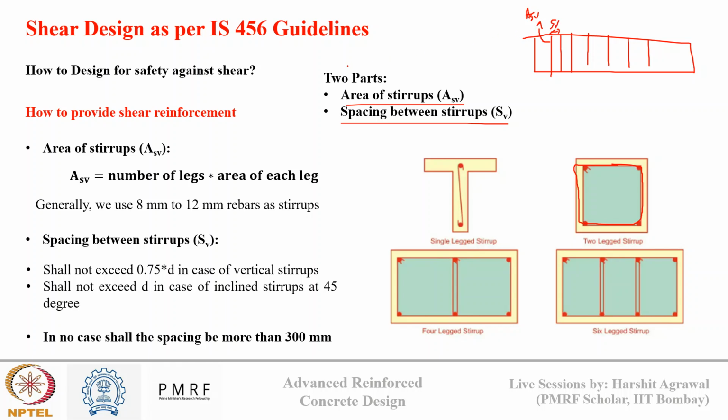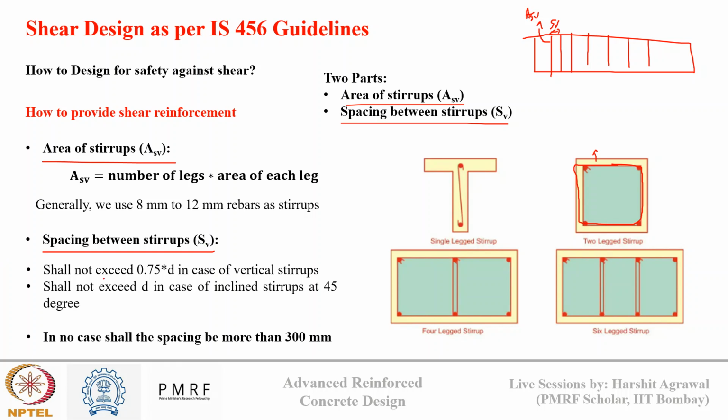So both of these things we need to determine. The area of stirrup we can determine from the configuration, whether it is single legged or double legged, and the area of each leg, like what diameter reinforcement we are using, 8 mm, 10 mm, 12 mm, whatever we are using, and spacing we determine by a relationship.